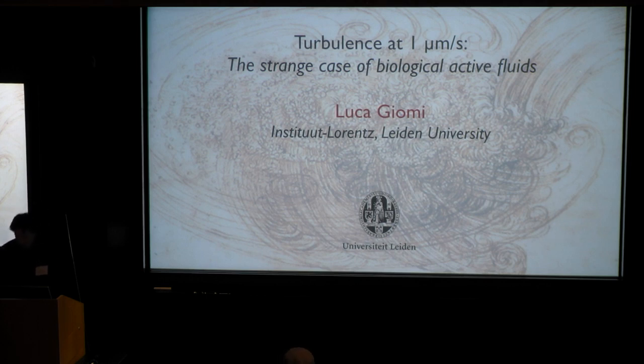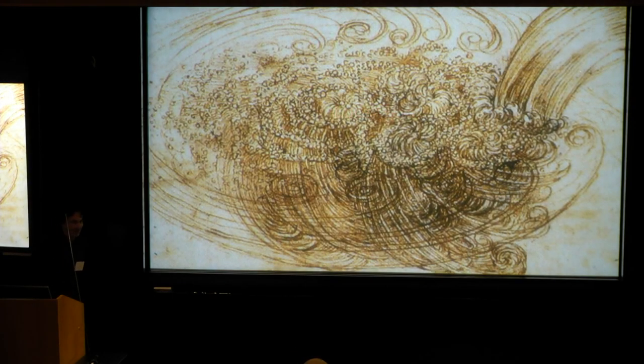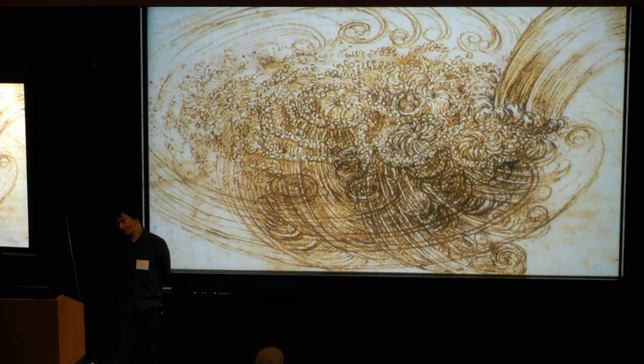And I would like to start with this picture that has been shown already a few times during this meeting, which is one of the most famous illustrations about turbulence. It's really a remarkable picture by Leonardo da Vinci, also because it's not a typical illustration, in the sense that it's not a drawing of something that you can see.